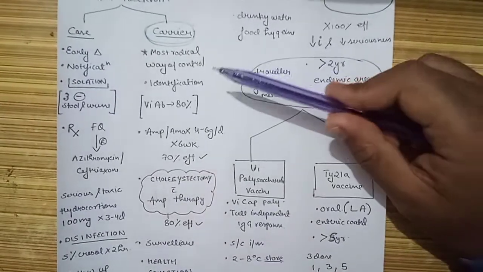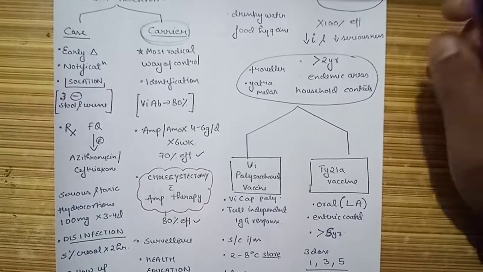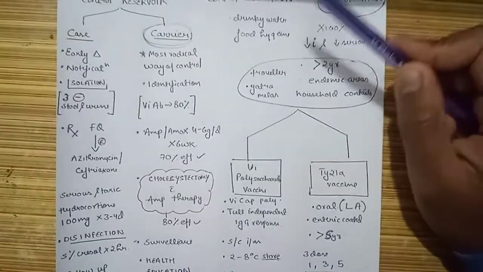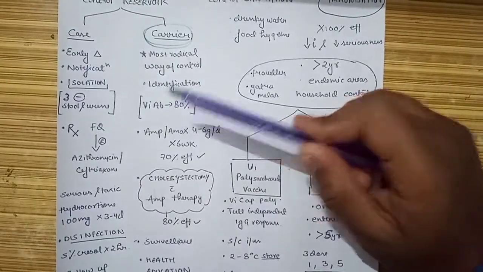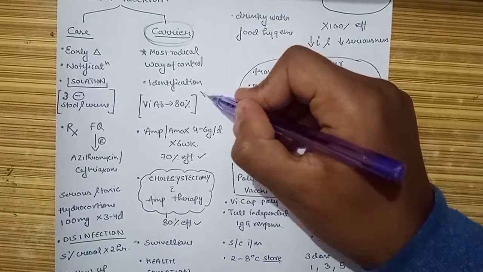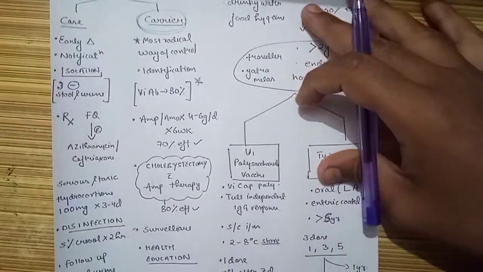Identification is the most important part, and this is also done by serological examinations. It is important that 80% of chronic carriers have Vi polysaccharide capsule antibody positive.